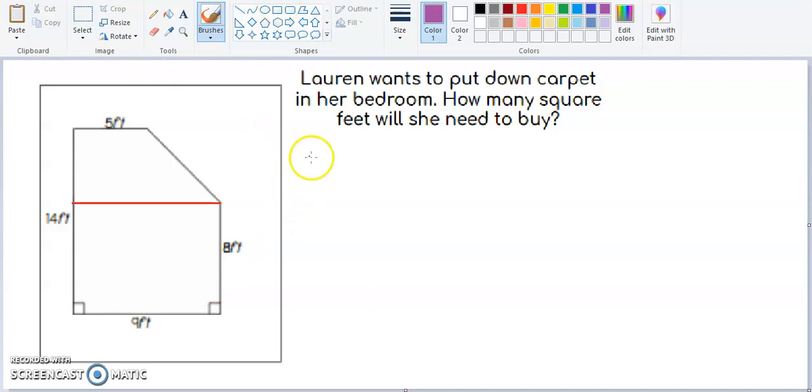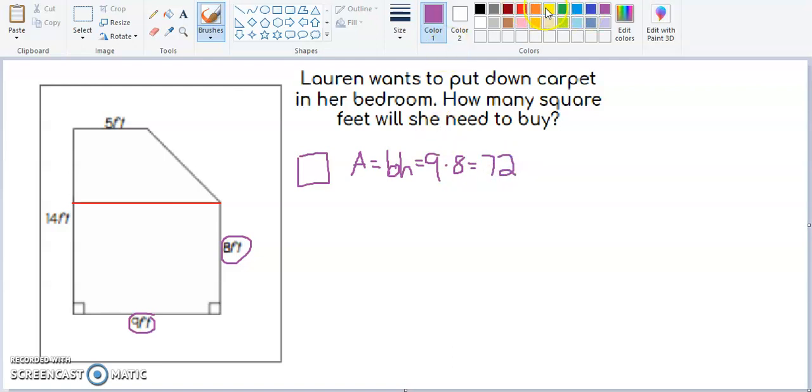For my rectangle, the area is going to be base times height, just like before. In this case, my base is going to be 9, while my height is 8. And 9 times 8 gets me 72. Okay?